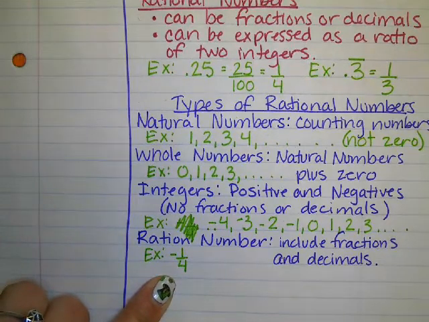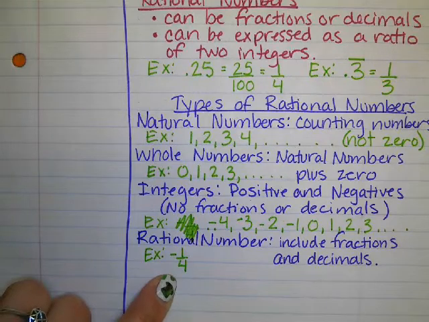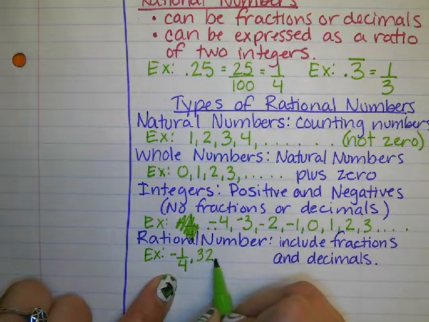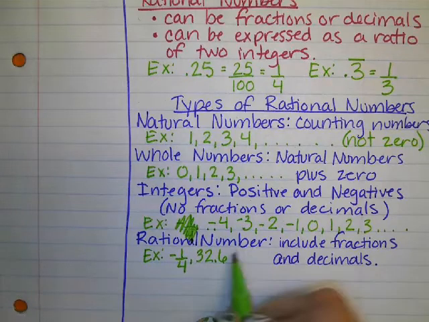I realized I forgot this. Rational number. If we had a decimal, let's say 32.6. So it's a decimal, but it does not go on forever. It stops at 0.6. So we could write this as 6/10 as a fraction.